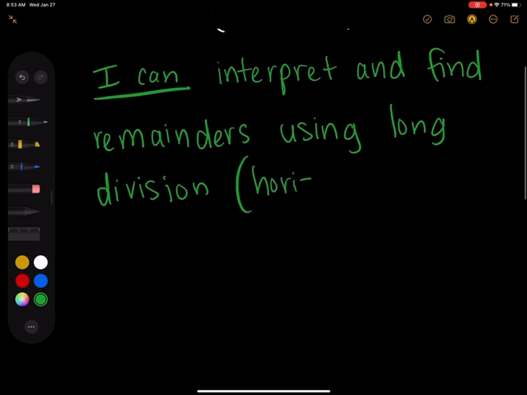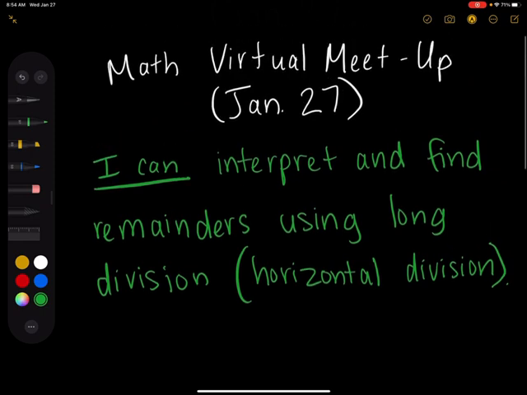So you can also call it horizontal division. And we're just going to do one of these problems together today.